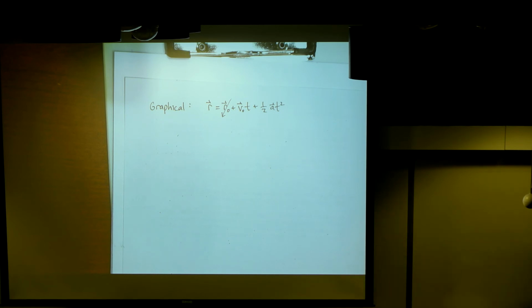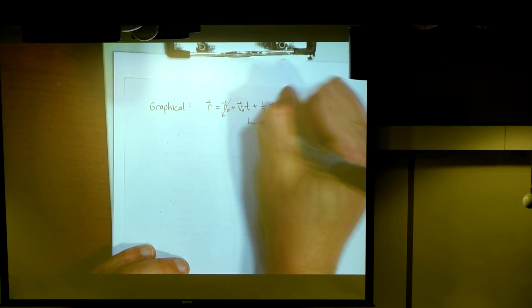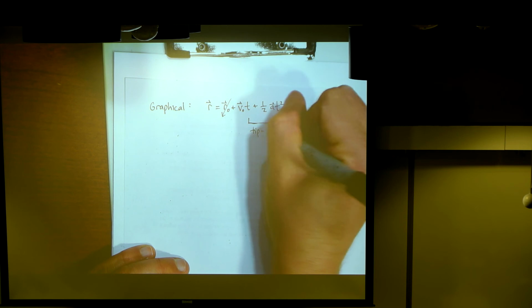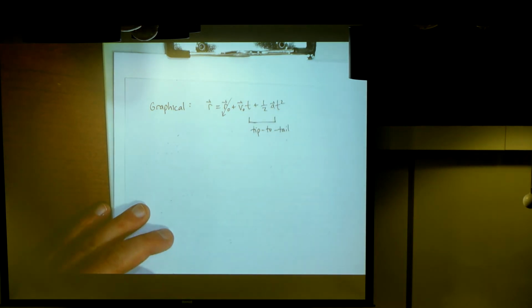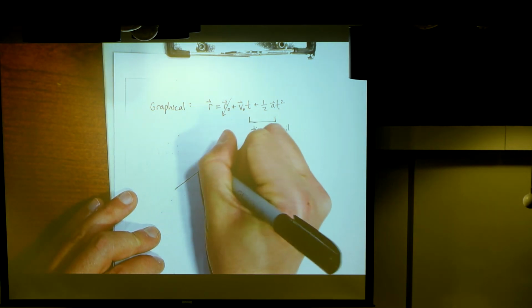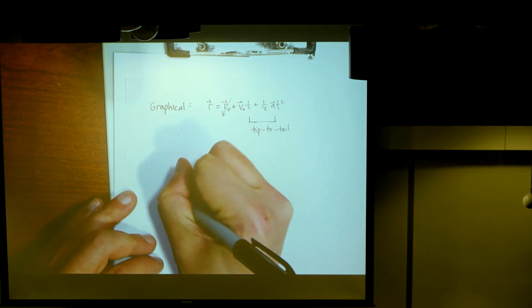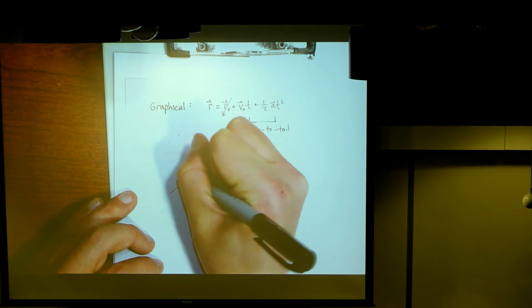Okay? So here I'm going to add these two together, tip to tail, in a diagram. So let's draw the first vector. My v naught vector is kind of going into the first quadrant like this. So that would be v naught t right there.